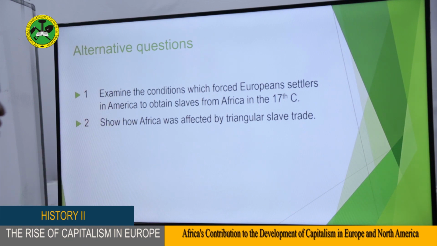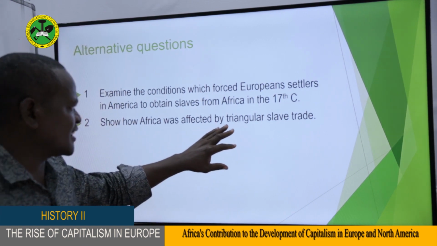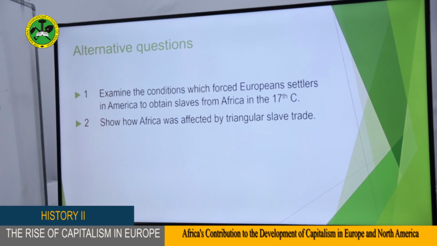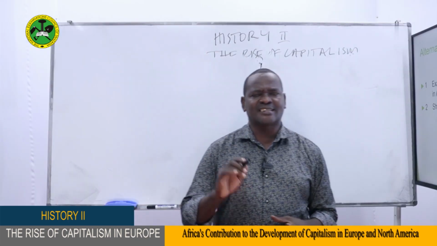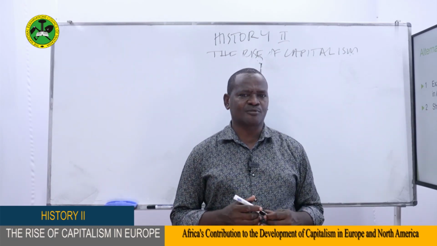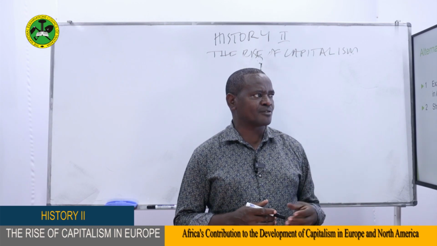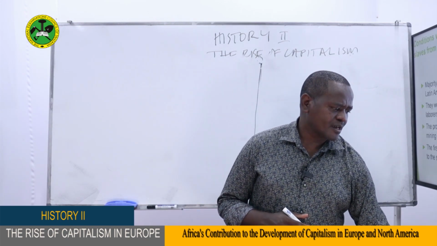The second question is: show how Africa was affected by triangular slave trading. These are our two questions, my dear students. So as I said, make sure that at the end of our lesson today, you are able to attempt these questions, together with some other questions which might also come from this subtopic.